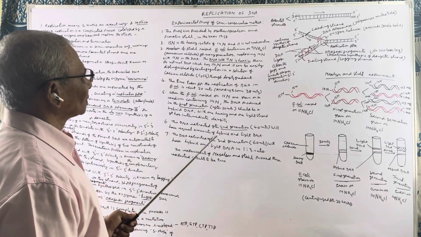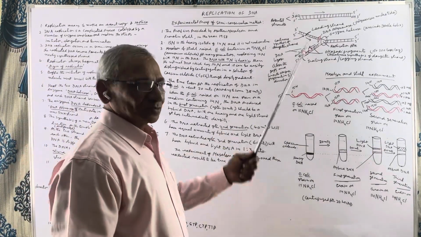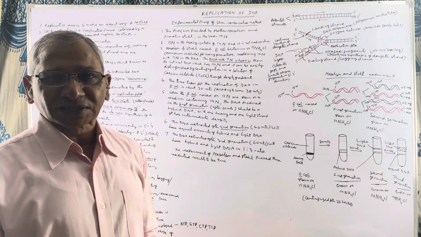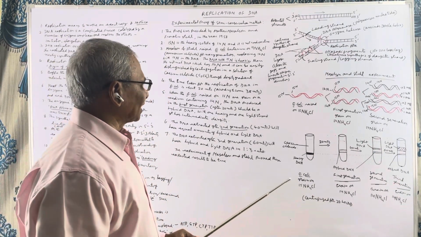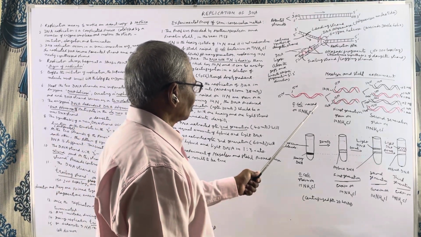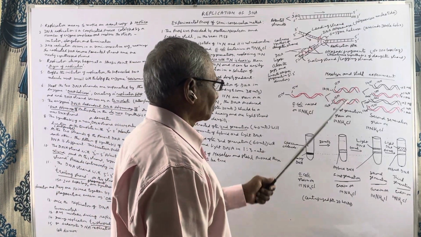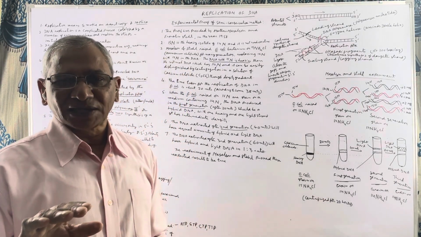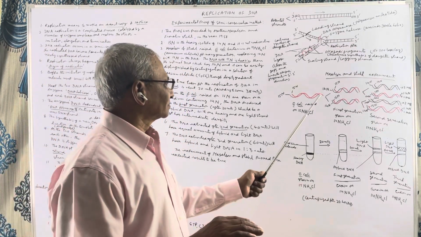Then, in DNA, nitrogen is present. And that nitrogen is 14N. Normally, the nitrogen present in DNA is 14N.